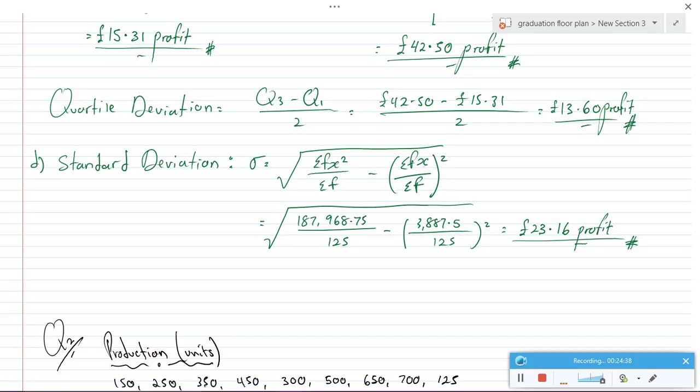So visualize the top, and the next becomes your median class. 25 becomes your F, 20 becomes your lower limit, and the class width is 10. That becomes your C, correct?